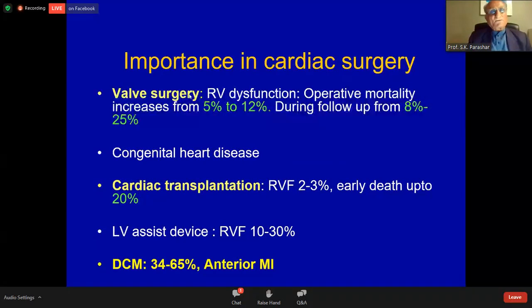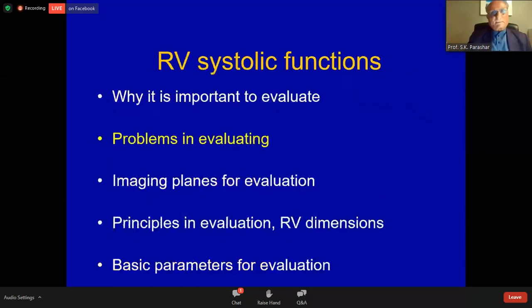Similarly, whether it is valve surgery, congenital heart disease, transplantation, or assist devices, the operative mortality is much higher in those patients who have RV dysfunction, both during surgery and follow-up. This also holds true for cardiac transplantation, in which RV function is very important, and for anterior MI also. So the importance of RV has come up because in a large number of diseases it has prognostic significance.